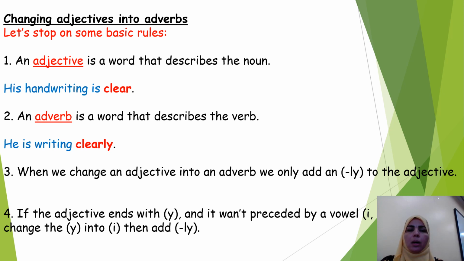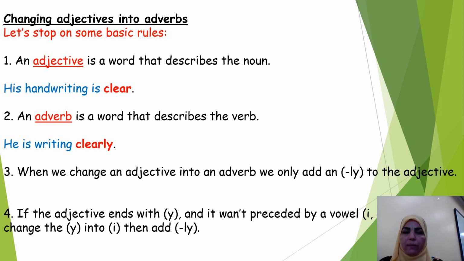Number 3, when we change an adjective into an adverb, we only add ly to the adjective. Here we have a syllable, ly. We add it to the adjective in order to change it into the adverb.